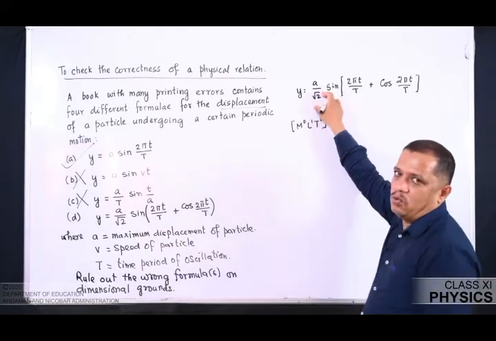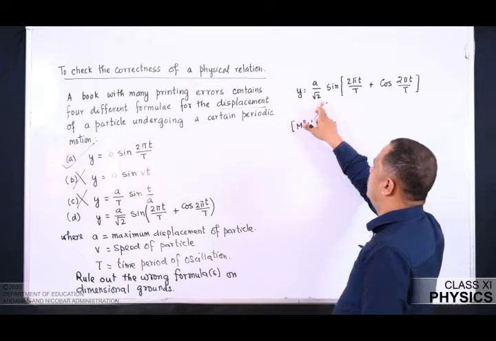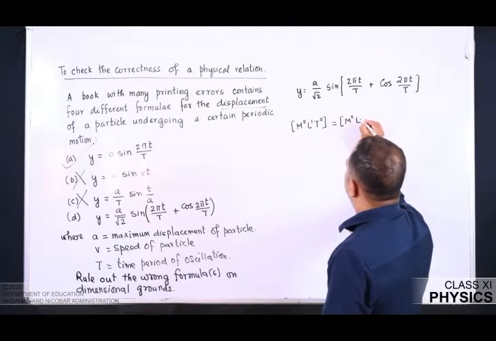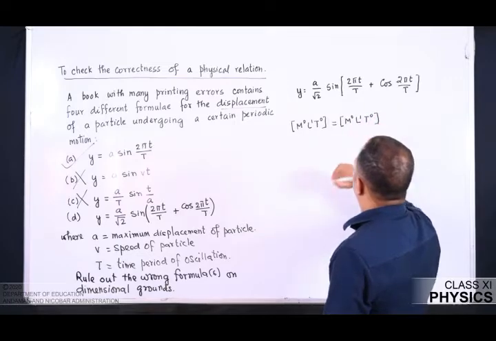At the denominator I have root 2, so it is a dimensionless constant, no dimension. For this a is amplitude, so I have m power 0, L power 1, t power 0.